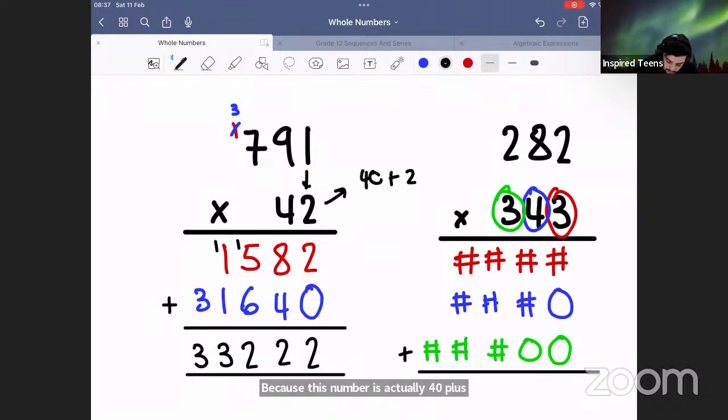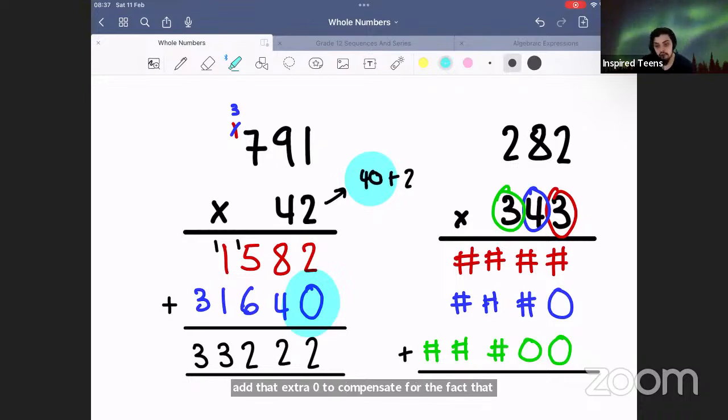So if I say 1 times 2 and 9 times 2 and 7 times 2, that's fine because 2 is the unit. 2 is all the number has. But I am saying 1 times 4, 9 times 4, 7 times 4, not times 40. So because I'm saying just times 4, I add that extra 0 to compensate for the fact that it's actually 40.